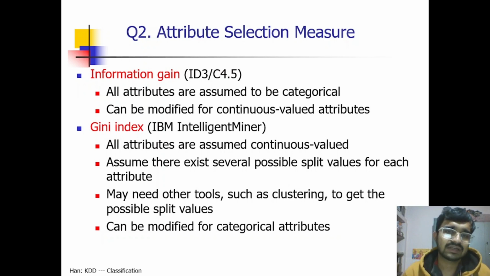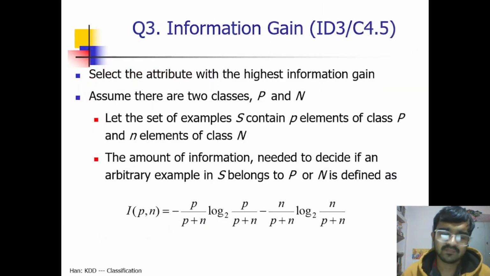Now let's move forward to the next question, that is we have to derive the mathematical expression for information gain and Gini index. So first we will derive the formula for information gain.